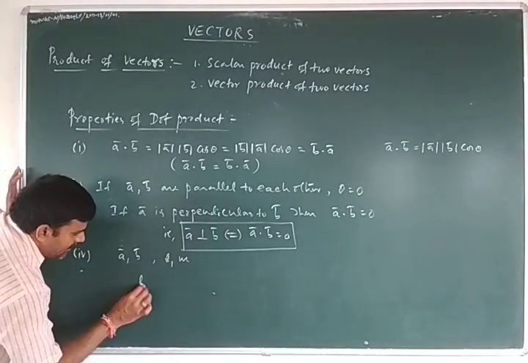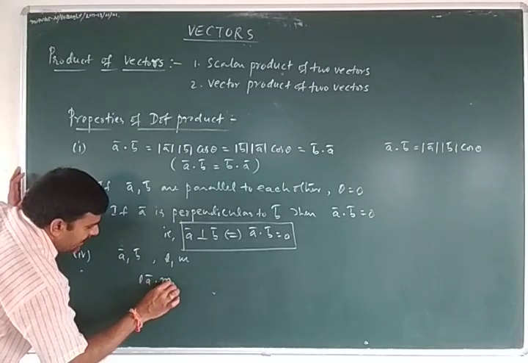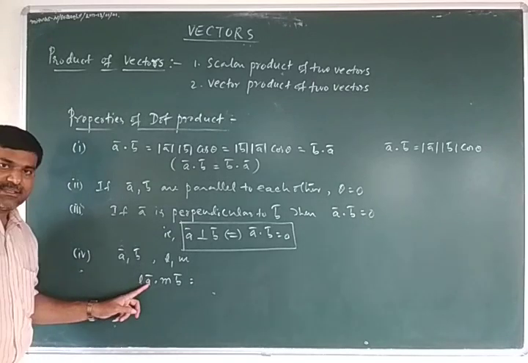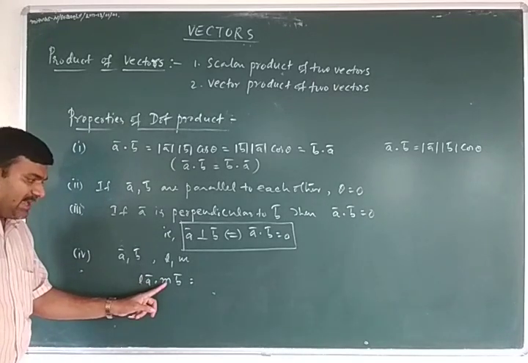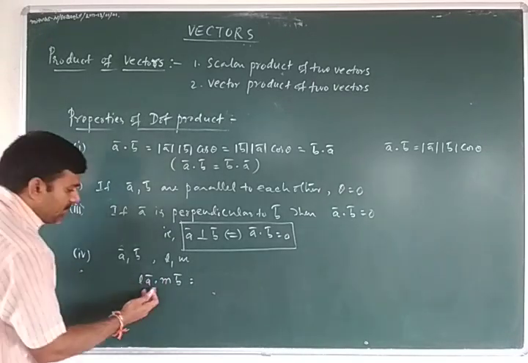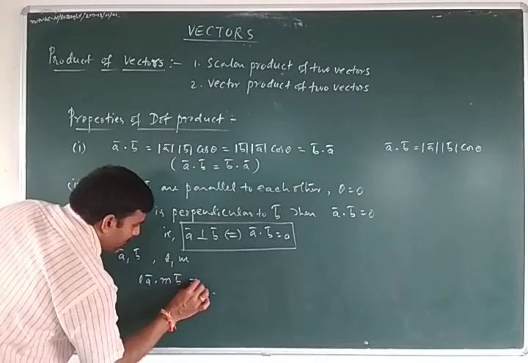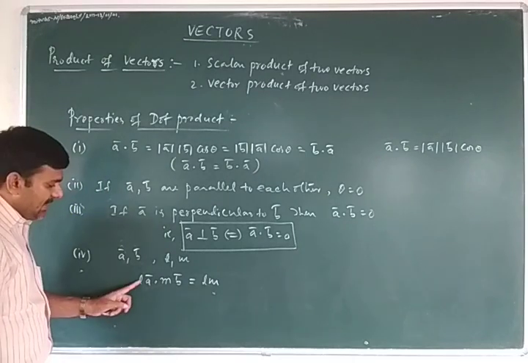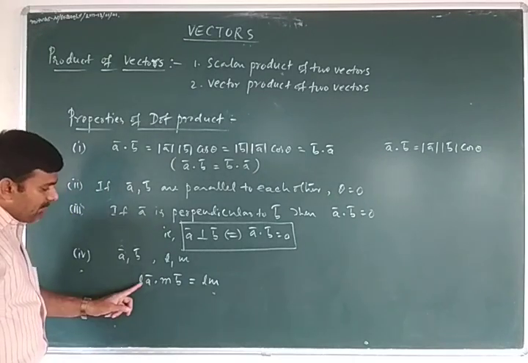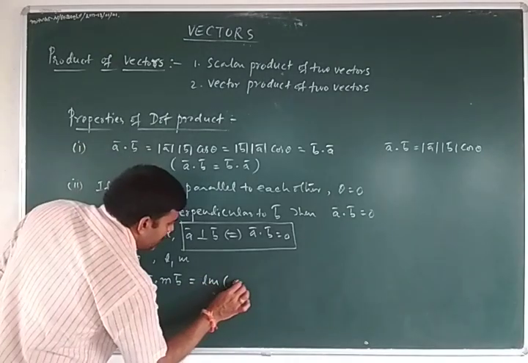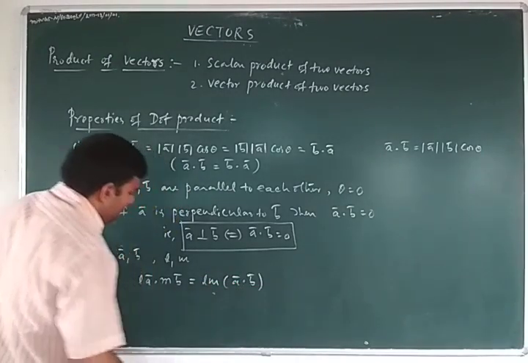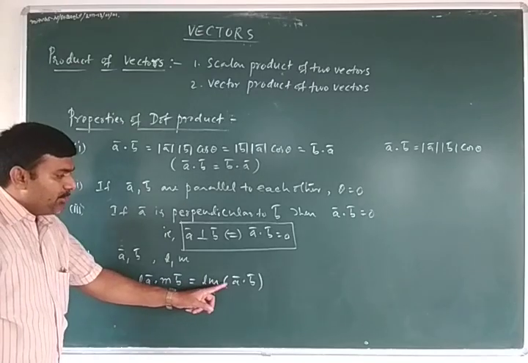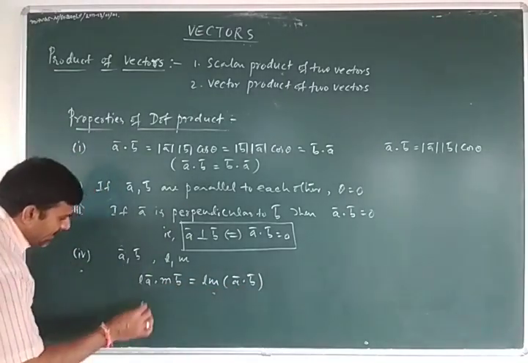Then L A bar dot M B bar, meaning some scalar into a vector dot some scalar into a vector, is equal to L into M, multiplying the two scalars, into A bar dot B bar.